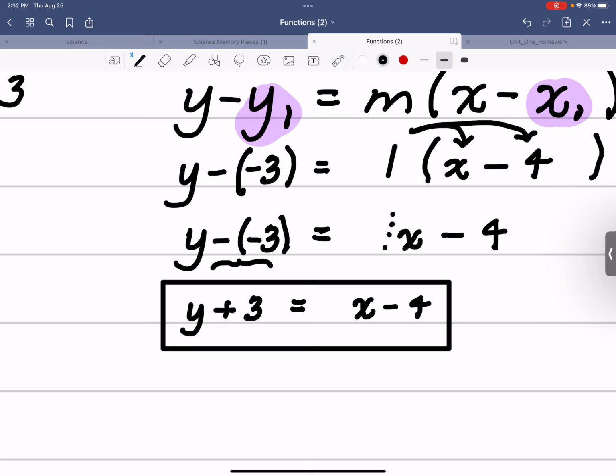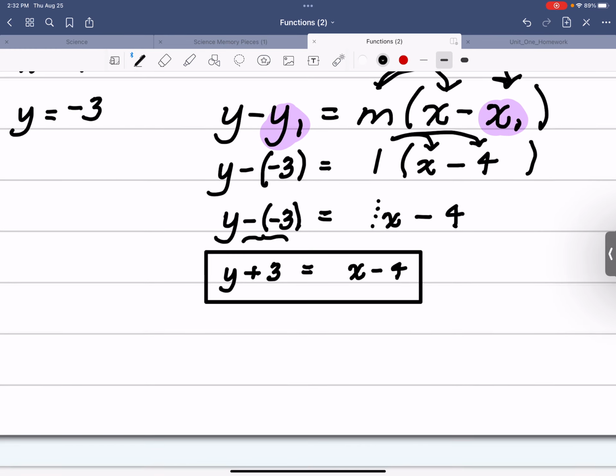Let me go ahead and take this a step further. I know I'm pushing the envelope just a little bit, but hopefully you're with me and you understand what I'm doing. Let's go ahead and write this equation that we just got. Remember, this is called point slope form.